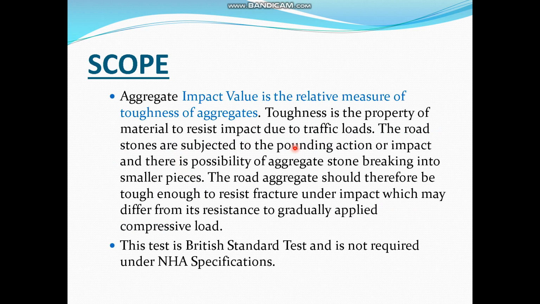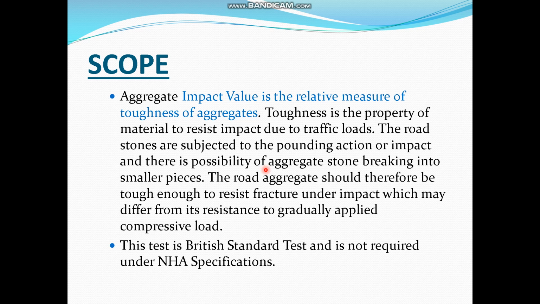So the impact value, as I have already told you, is done to evaluate the toughness criteria of aggregate, as when aggregate is placed in the pavement, it will interlock amongst itself along with the binder. Essentially, when you make an asphaltic pavement, aggregate and bitumen combine to make the asphalt.